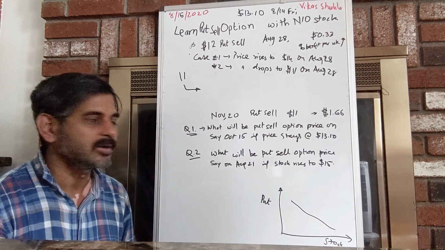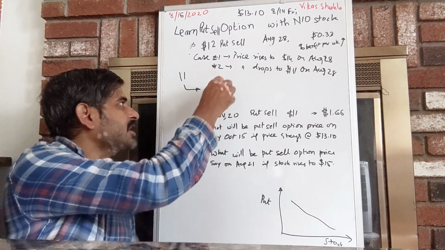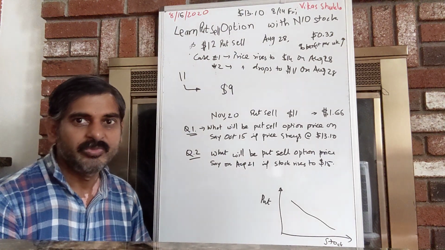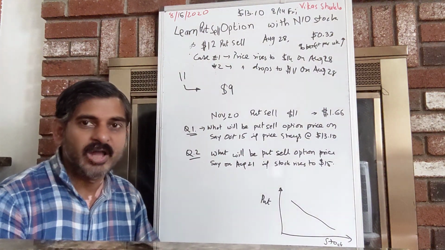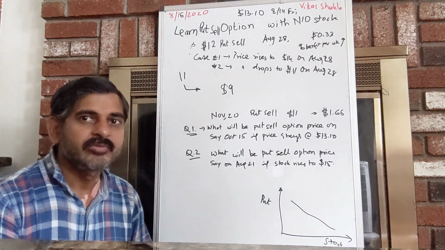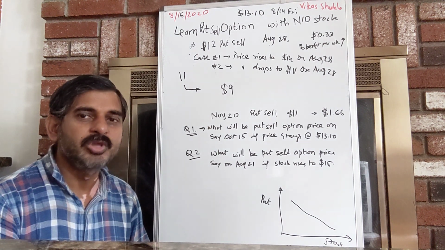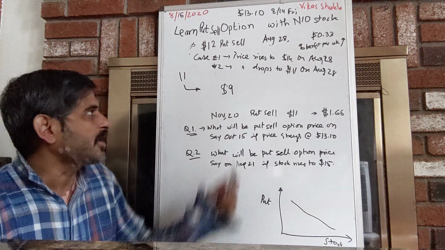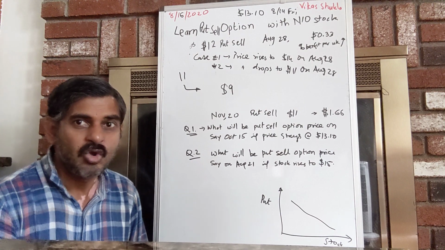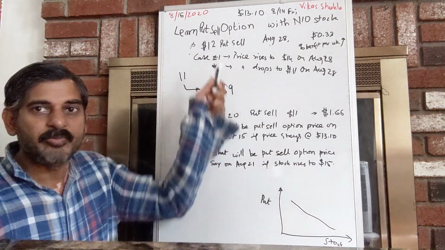I sell another 100 put at a strike price of, let's say, $9, and from 11 it can go further down to 9 and keep going down. In that case I will get another NIO stock at a break-even price of maybe $8.90. That way I will average myself down, or it can start going up from here.